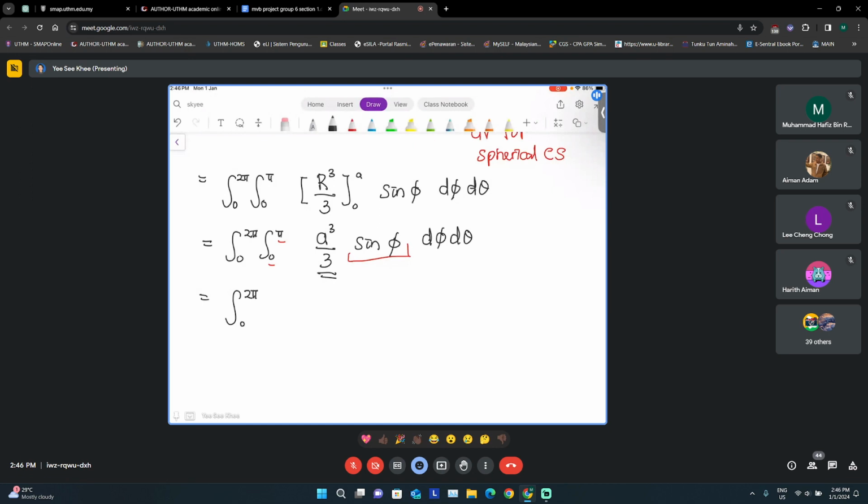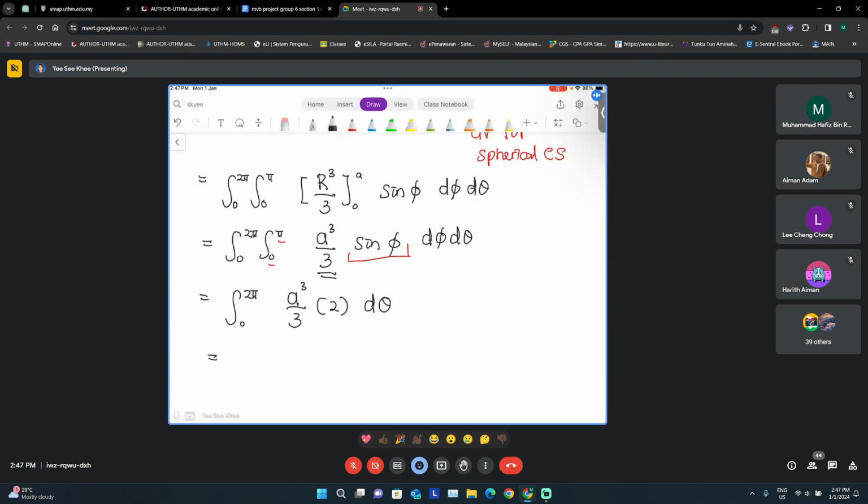This is a constant, so we write it down, and you get the answer 2. So 2 d theta.